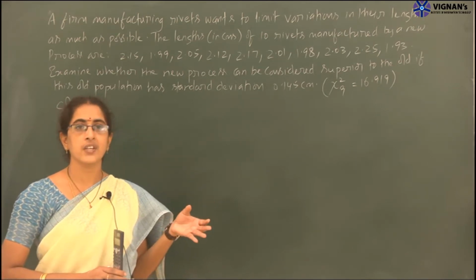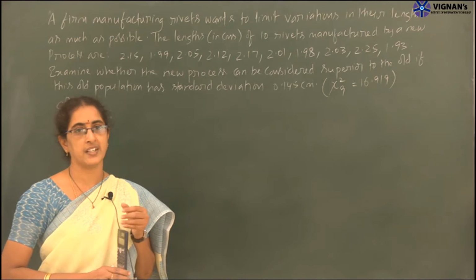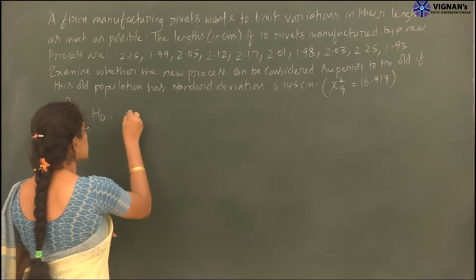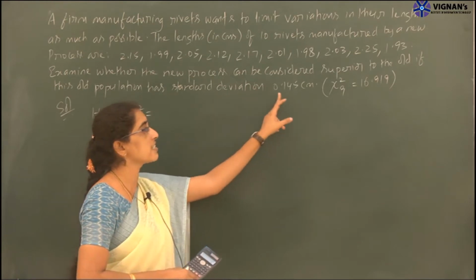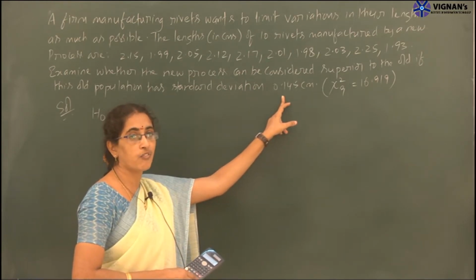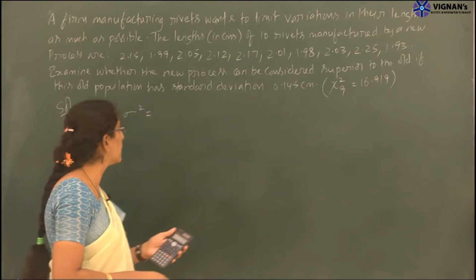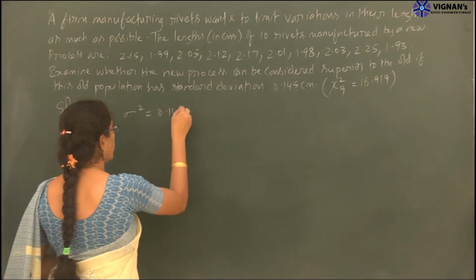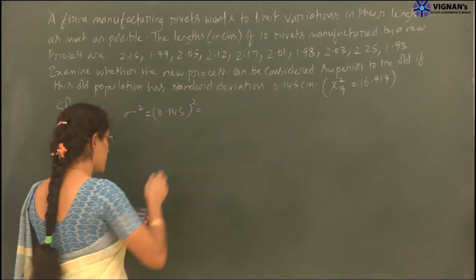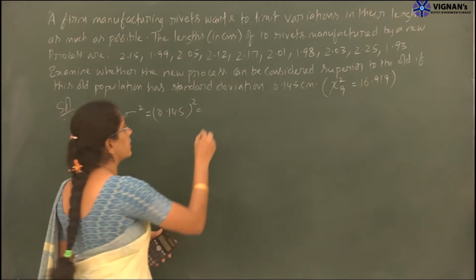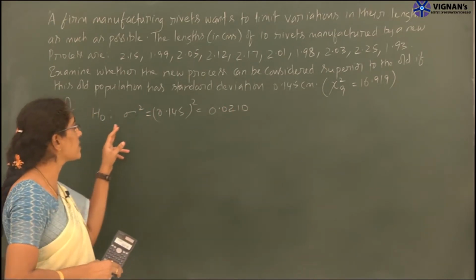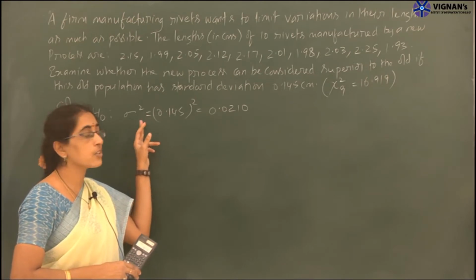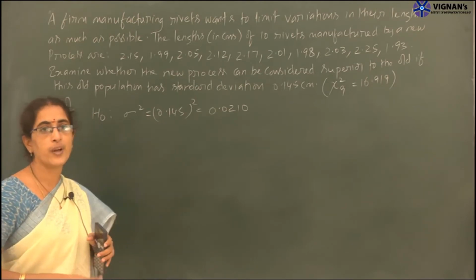Of course, standard deviation is nothing but the square root of variance. So sigma square, the population variance, where standard deviation is given as 0.145 centimeters, is 0.145 square, which is equal to 0.0210. So the null hypothesis is sigma square equal to 0.0210.